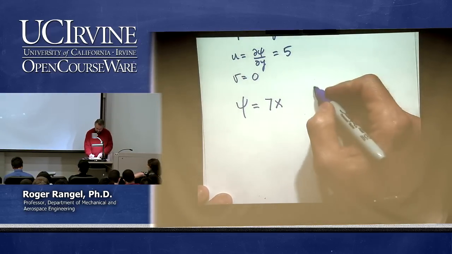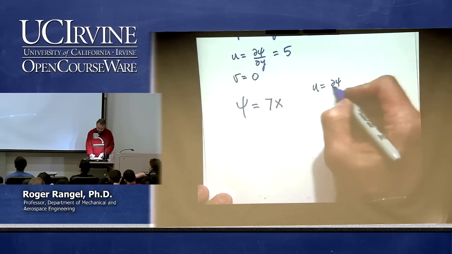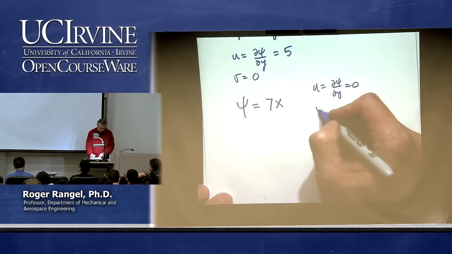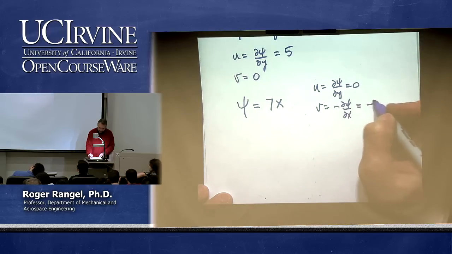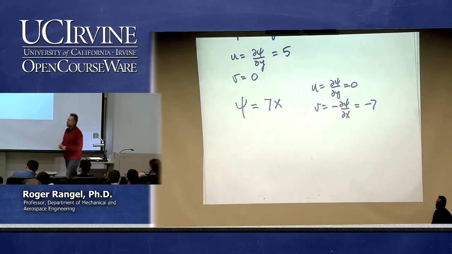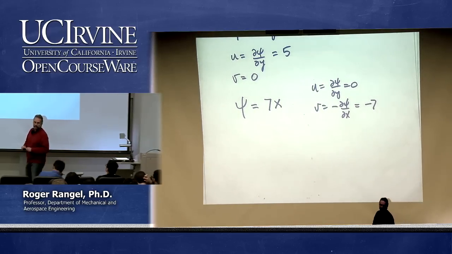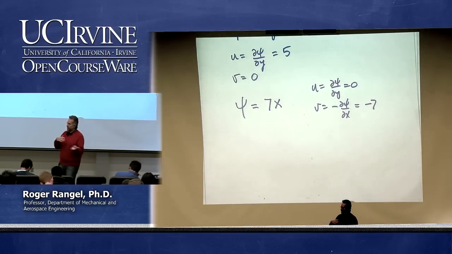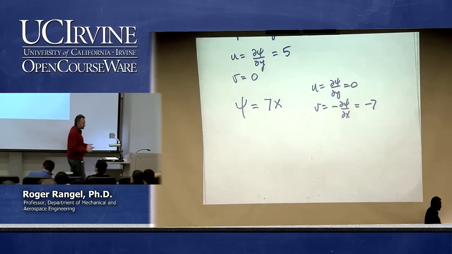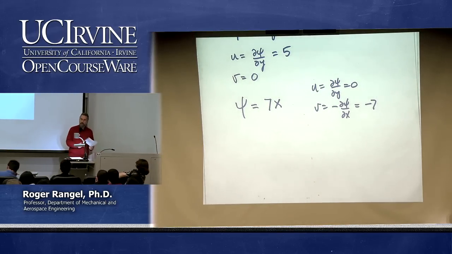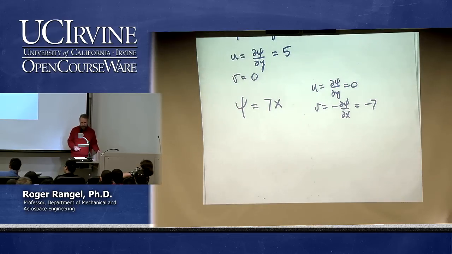So I know that u is the partial of psi with respect to y, that's 0. And v is minus the partial of psi with respect to x, and that's minus 7. So yeah, it's 7 units of velocity going down. So you can have uniform flow in any direction, and of course the combination at an angle is the one that I showed you in the table, at any angle.